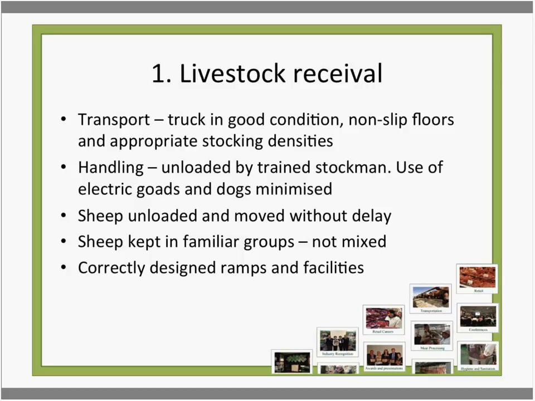Through a few of these, we've got receival, where the loading of the truck, which I do understand some of you will be in control of and some of you won't, depending on how you receive animals. The handling of the animals off the transport, the handling of the animals in the yards, minimising electric prod and dog use that can stress the animals, and keeping animals in the group that they've been transported in, to ensure that you don't add extra stress.